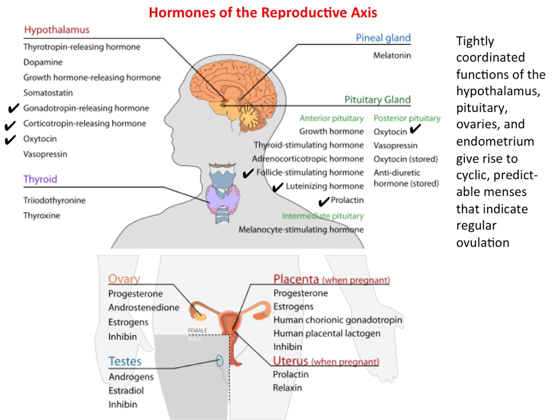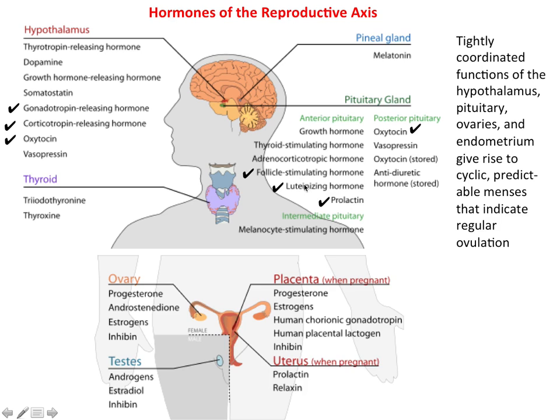Actually, the hormones of the reproductive axis are found from the hypothalamus to the uterus. In the hypothalamus, three hormones act as reproductive hormones: GnRH, gonadotropin releasing hormone, CRH, corticotropin releasing hormone, and oxytocin. While in the pituitary gland, there are FSH, LH, and prolactin.